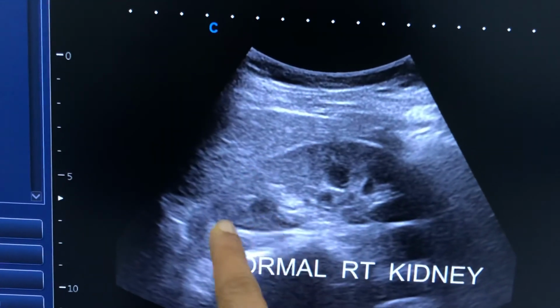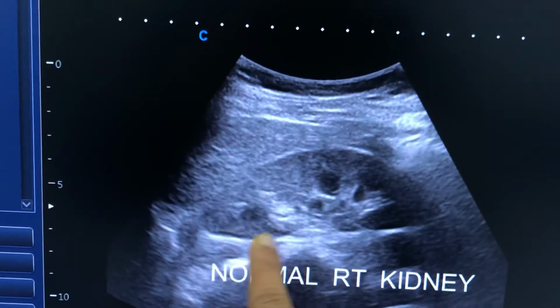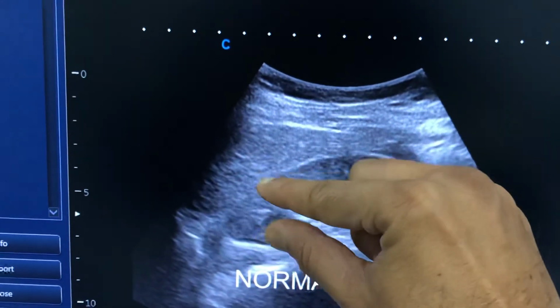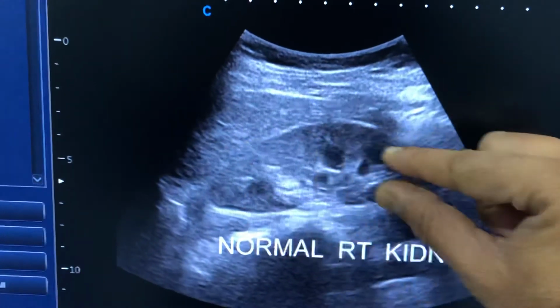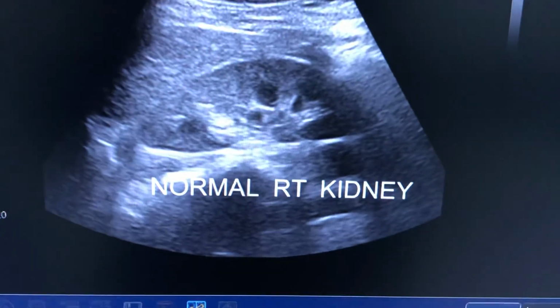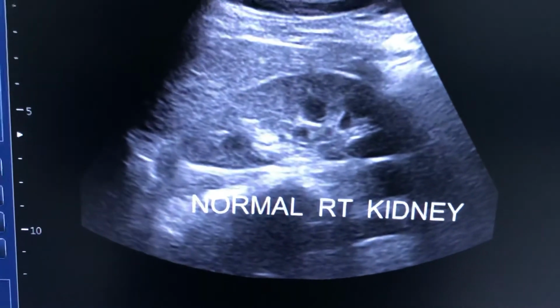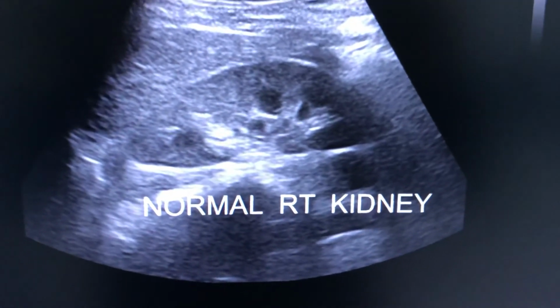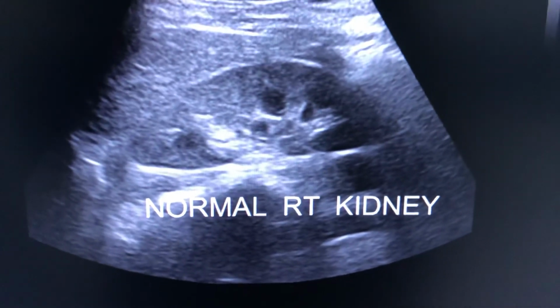I am repeatedly telling you, please look at this pointing. Okay, the more it becomes swollen like this at the pole, it is in favor of pyelonephritis, especially the acute type. In chronic, the size of the kidney gets shrunken, and I hope you understand.